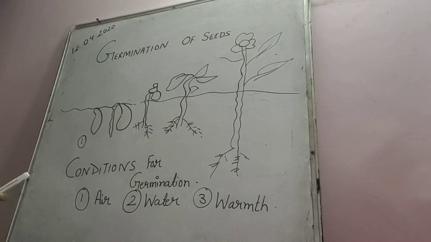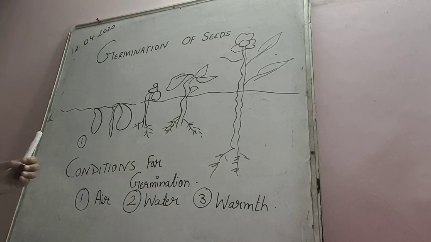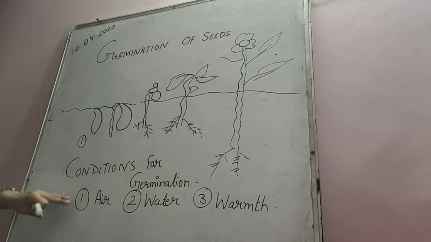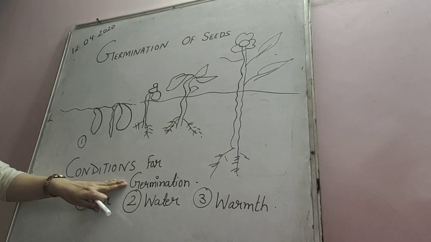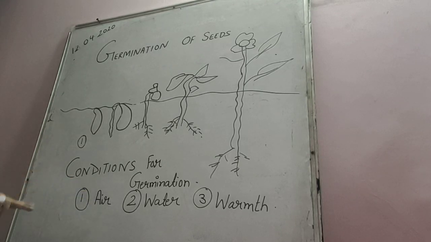Now, there are certain small activities that you can do at your home to show that air, water or warmth, meaning the temperature, the sunlight, the heat, is required for germination. To prove that air is very important, take one beaker that contains water and place your soaked seed in it.